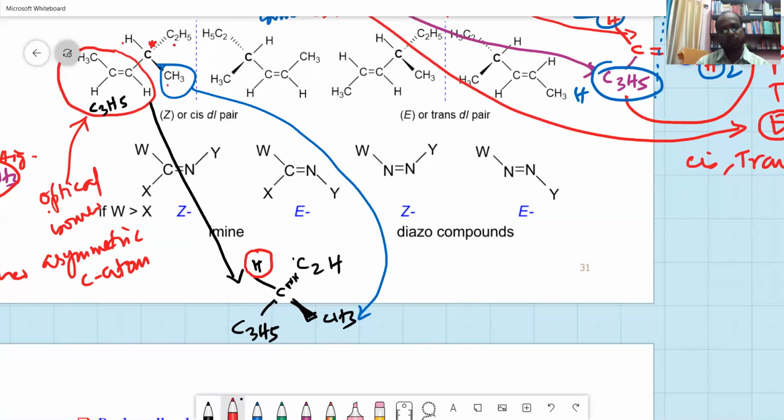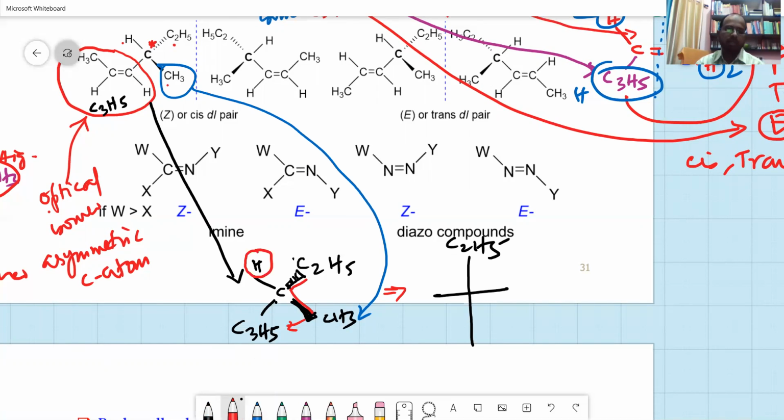Okay. So we are going to draw the Fischer projection formula, in which we are going to write these two, the dashed lines and the fully shaded wedges, taking a single line coming around these single things. Okay, so this is C2H5 because it comes like this. They are pushed back.